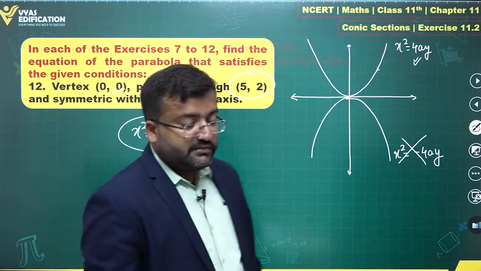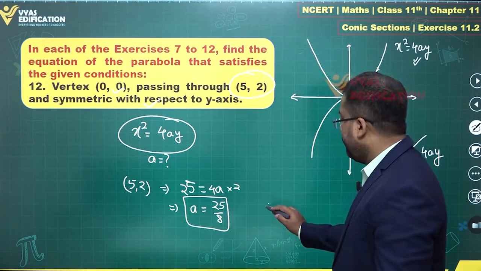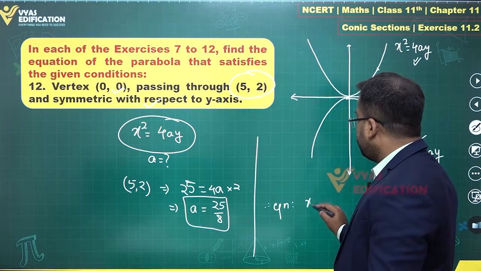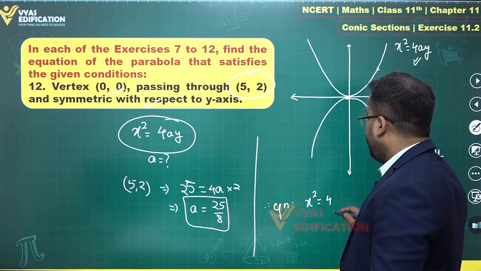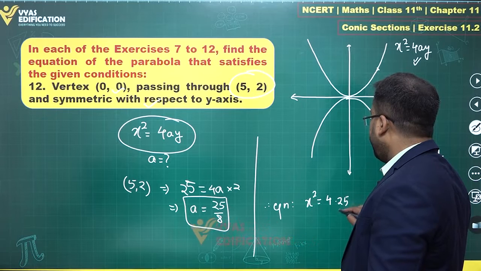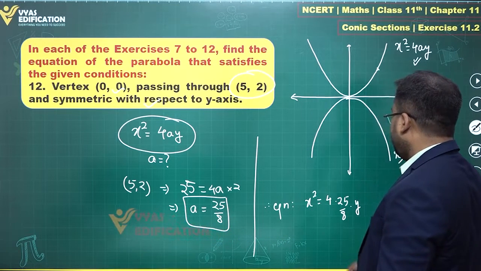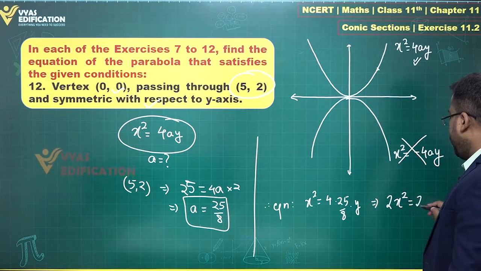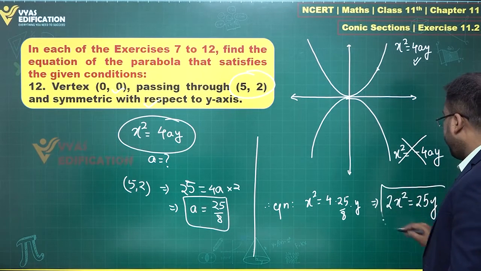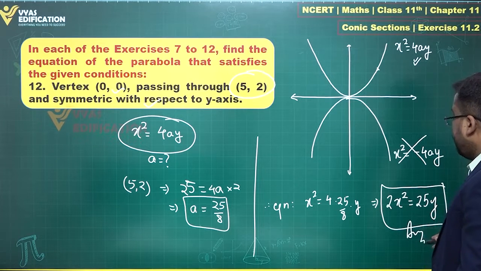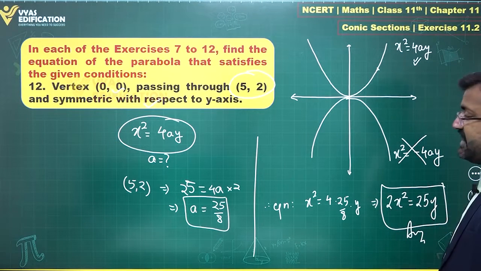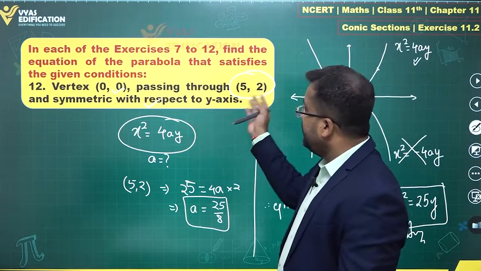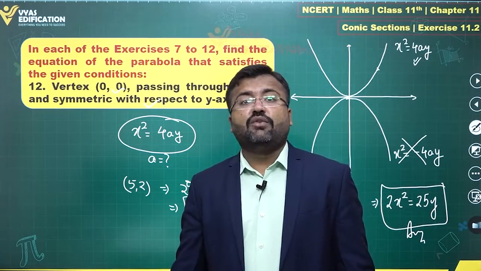Therefore, the equation of the parabola will be x square is equal to 4 times 25 by 8 times y, which gives 2x square is equal to 25y. That's the final answer for this question. As you can see, we got 2x square is equal to 25y based on the vertex and this particular point, symmetric with respect to the y-axis.